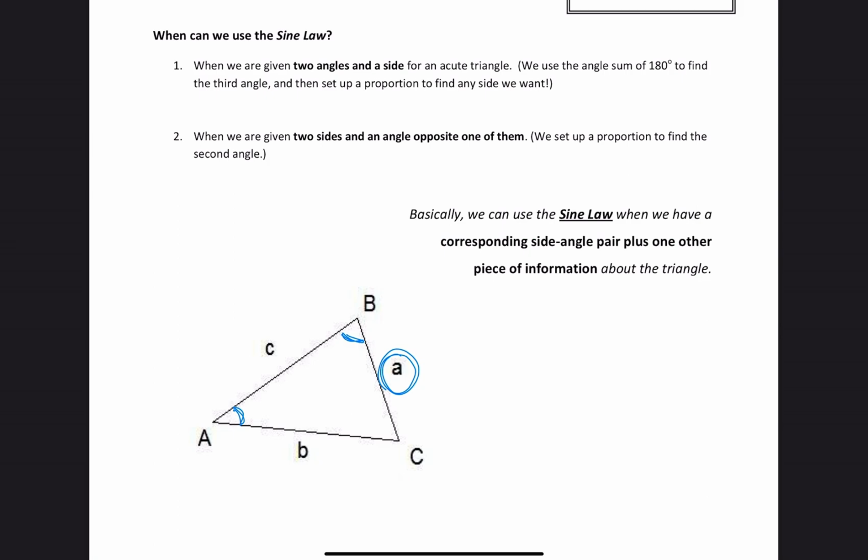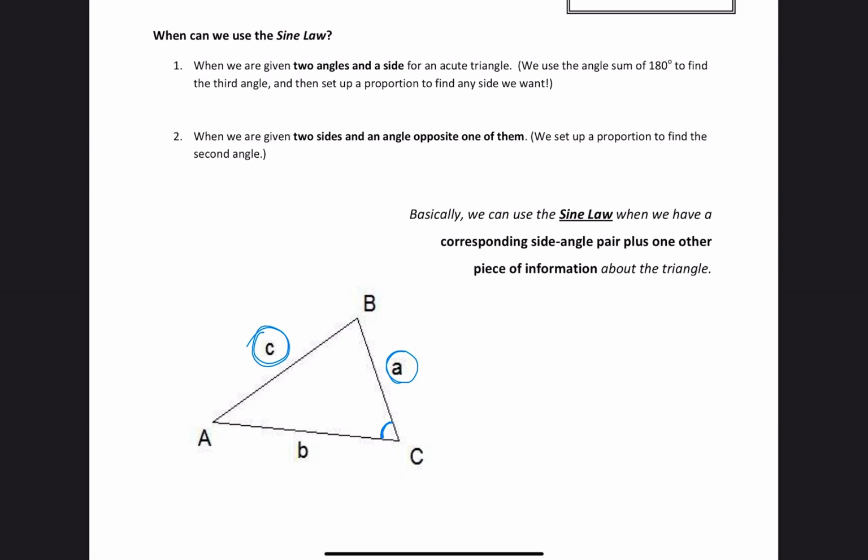So that's one scenario. Another scenario is if we're given two sides and an angle opposite one of them. So let's say we have these two sides and we have an angle opposite to one of them. So let's say we have the angle that's opposite to side length C. We would then be able to use this proportion in order to find this.